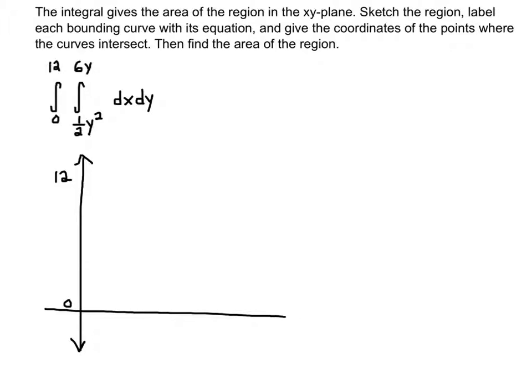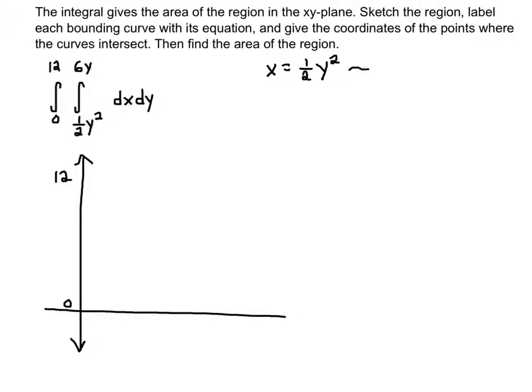So let's start looking at our lower bound, the 1/2 y squared. We're saying that x is equal to 1/2 y squared. So that is going to be a parabola.